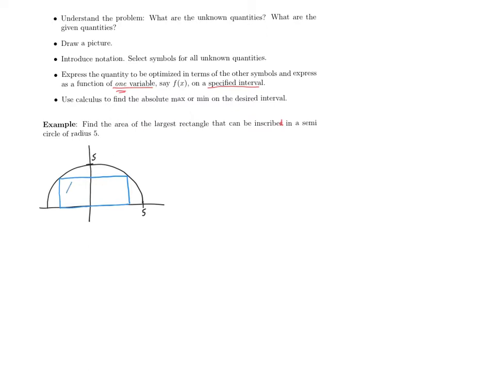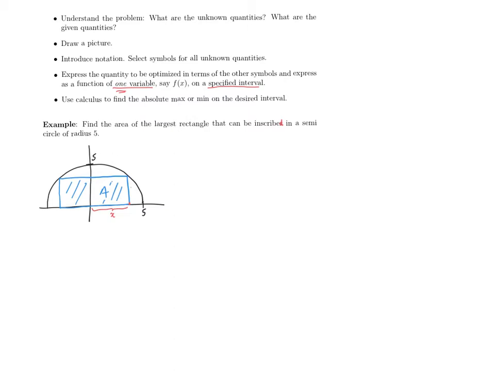So when it comes to the area, it's determined by what? Length times width. So we need to somehow introduce some notation. I will choose, as we've done previously, to let x represent the distance that the right lower corner of the rectangle is from the origin.